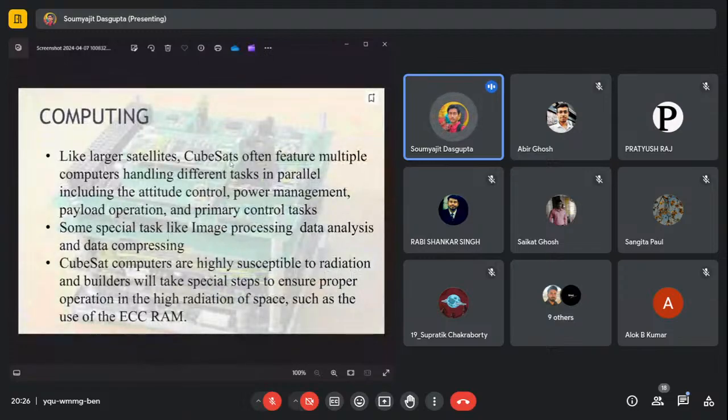Then comes one of the most important parts, that is computing. Like larger satellites, CubeSats must have a computing system, right? If we talk about the microprocessor, it is the brain of a CubeSat.